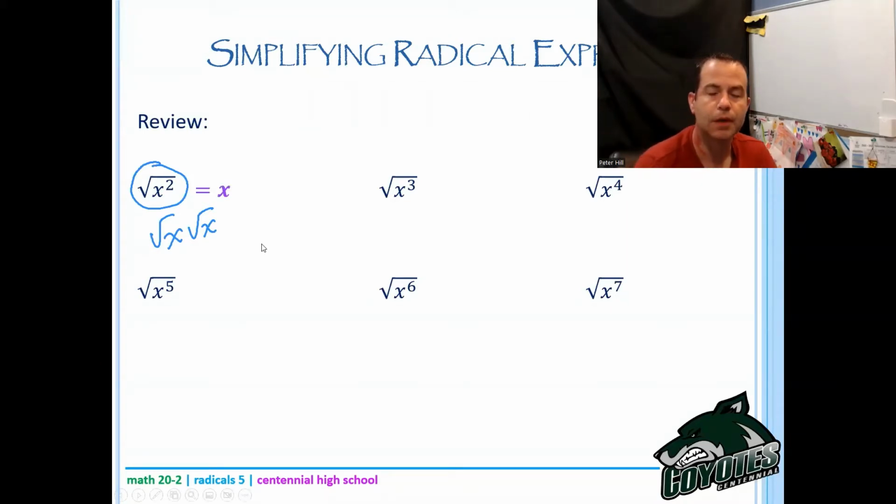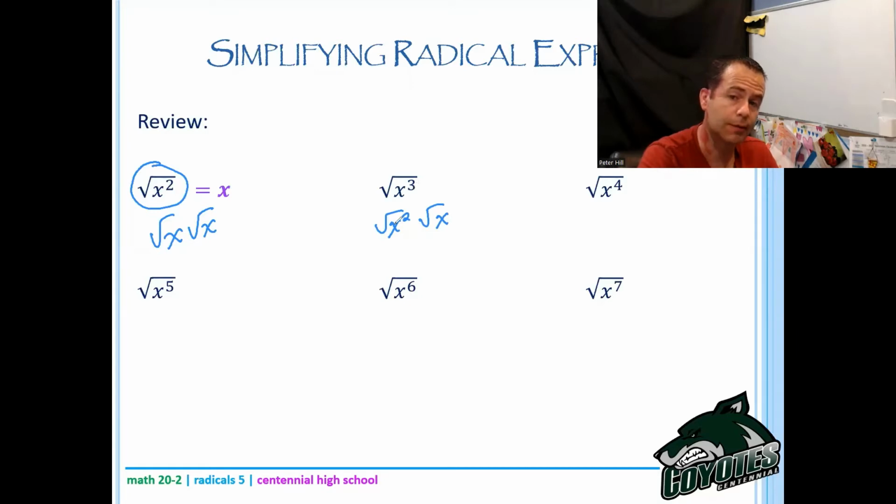So what if we had the root of x cubed? Well, we already know how to deal with x squared, right? x squared times x would be x cubed. So I could break that down into x squared times x, and that would still be x cubed.